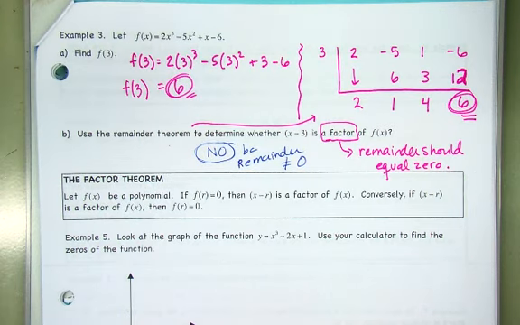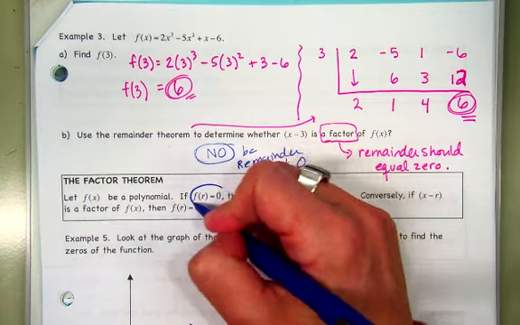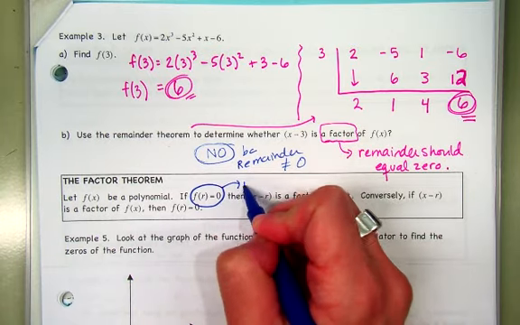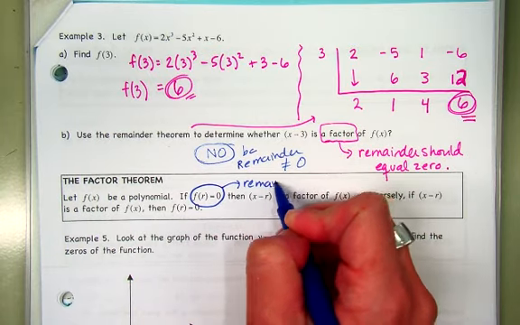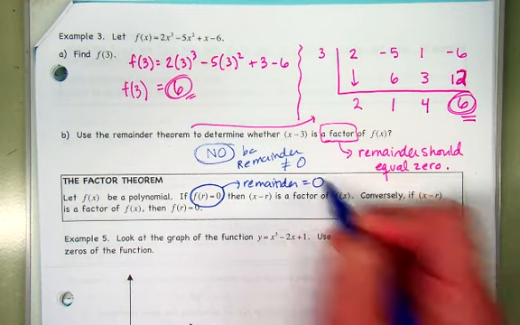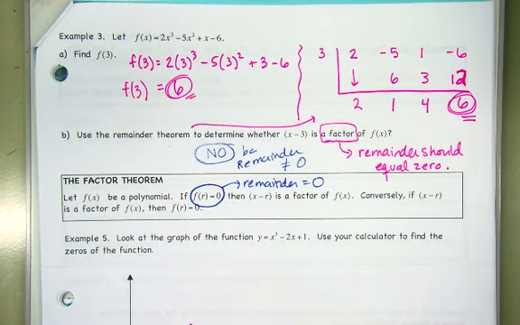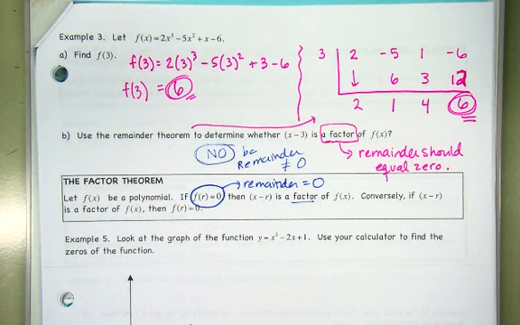So that's another way to say it, if it's a factor, or if it's a solution or a root. And that's all that this next factor theorem says. If f of x is a polynomial and that function is equal to 0, or if the remainder equals 0, then x minus r is a factor.